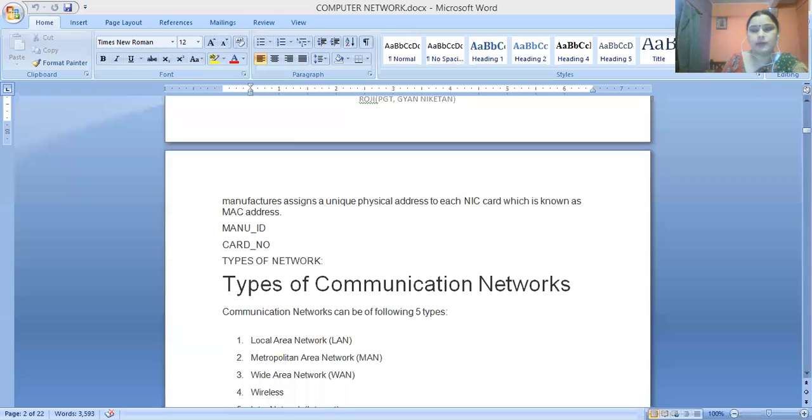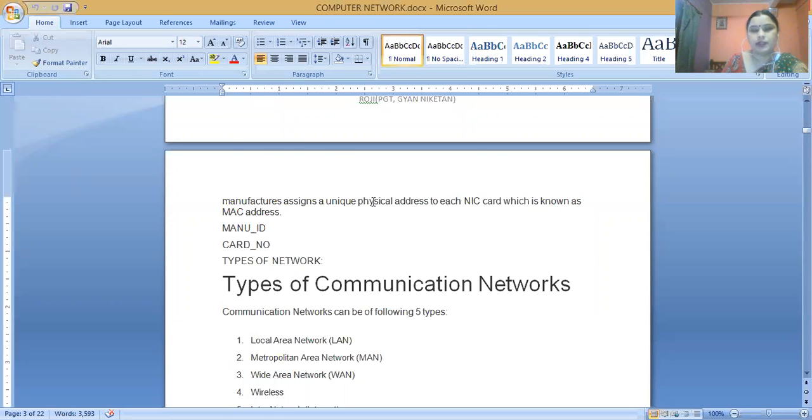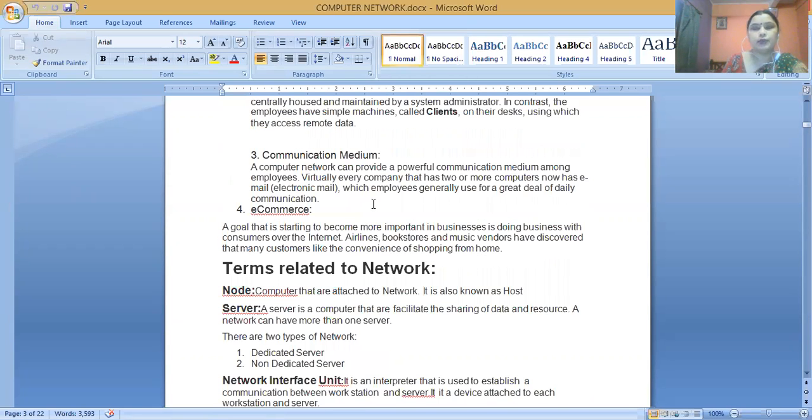This chapter is based on theory, and we will discuss the syllabus of computer networking. What is the syllabus and what type of terms we have to read in computer networking. Computer networking comes in Unit 3.